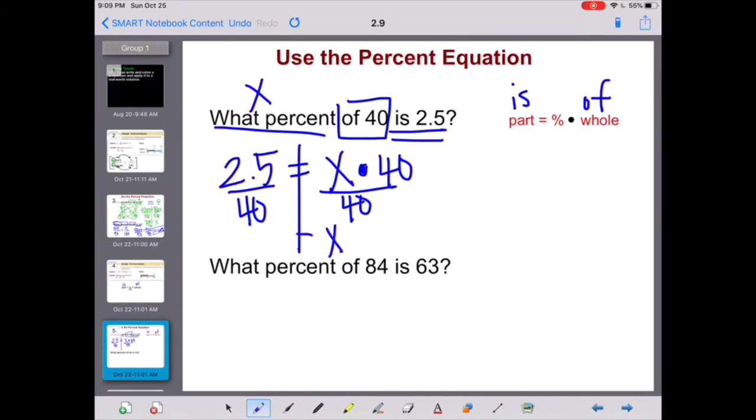And I'm going to find out that 2.5 divided by 40 gives me 0.0625, but that doesn't make a lot of sense because it's not a percent yet. So I have to move my decimal over 2 places and find out that 2.5 is 6.25% of 40.